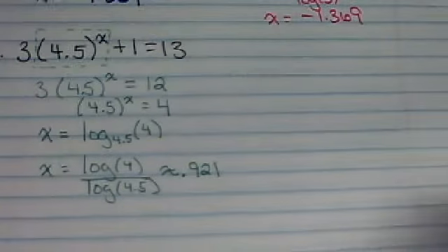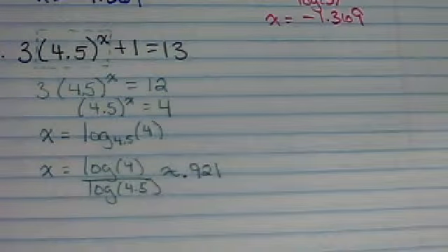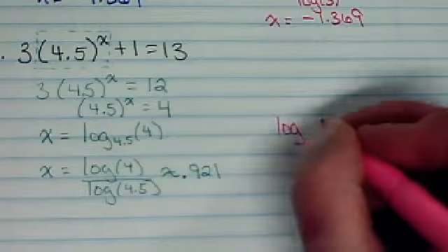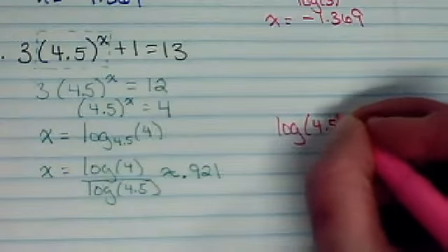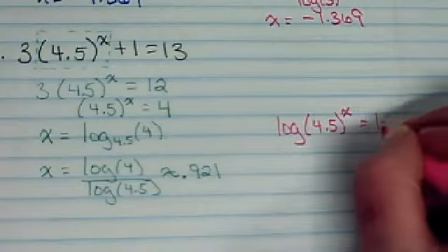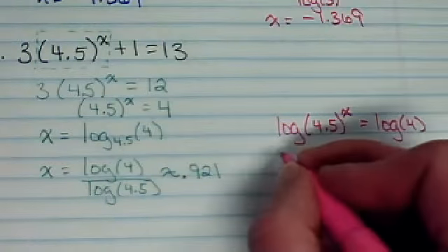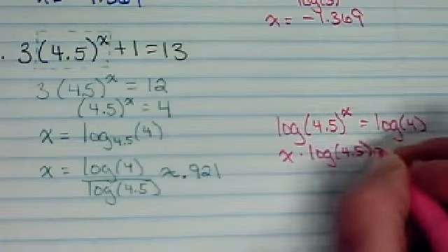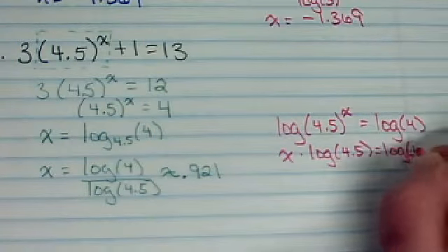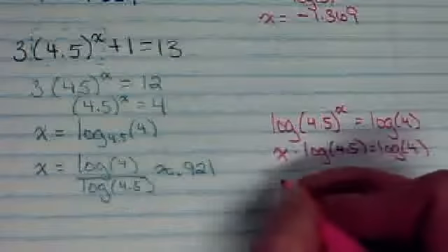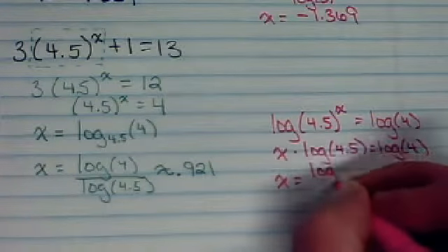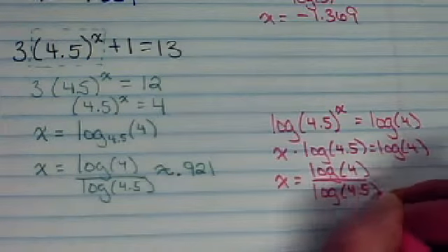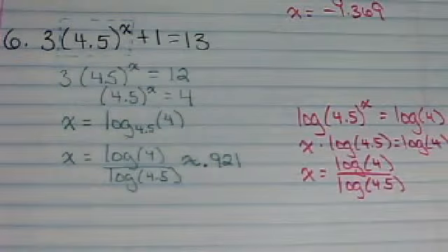Same thing, though, would happen if I took the log of both sides. I'd get the log of 4.5 to the x equals the log of 4. Exponent comes down. And then we would divide both sides by log of 4.5. So whichever route you go, it's the same answer every single time.